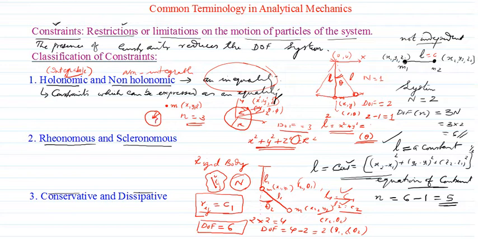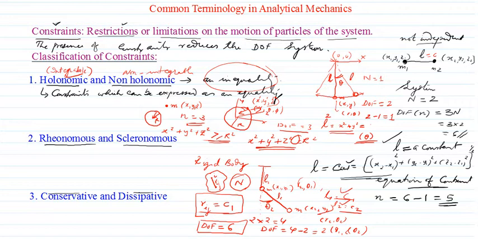So if the earth has a radius R, there exists a constraint which can be represented by an equation like x square plus y square plus z square, where x, y, z are the coordinates of the bird, that should always be greater than or at the most equal to R square. That means the bird cannot be inside, less than that R value. The x, y, z combination should not be less than the R value.